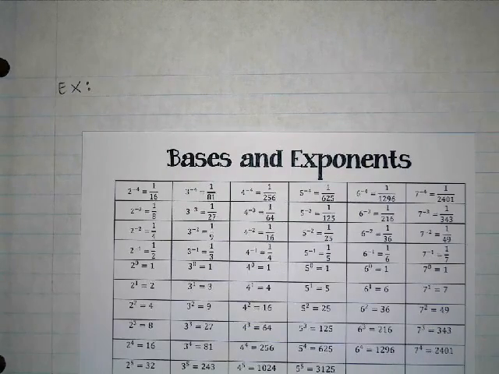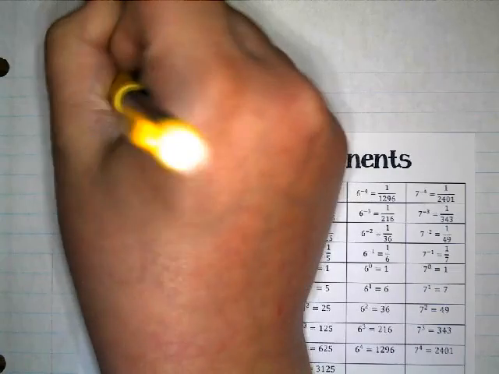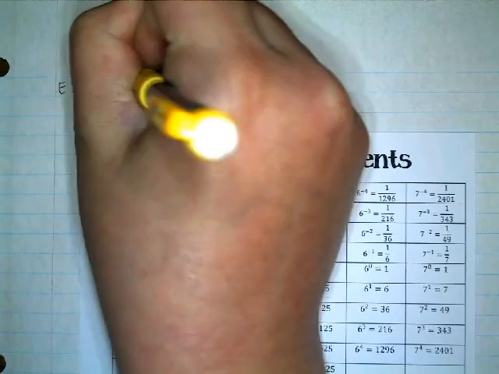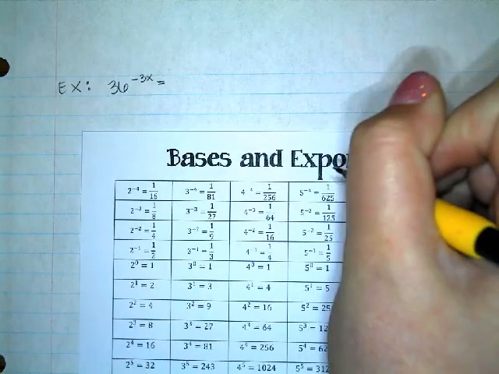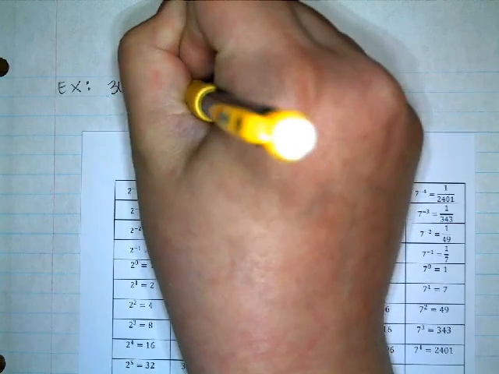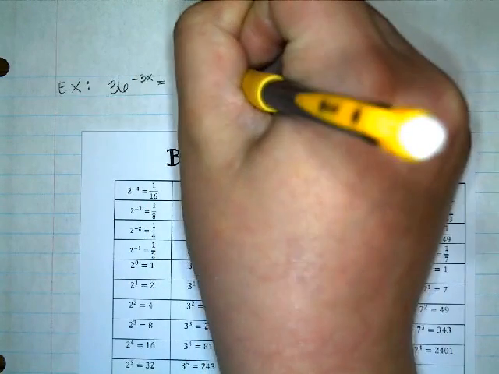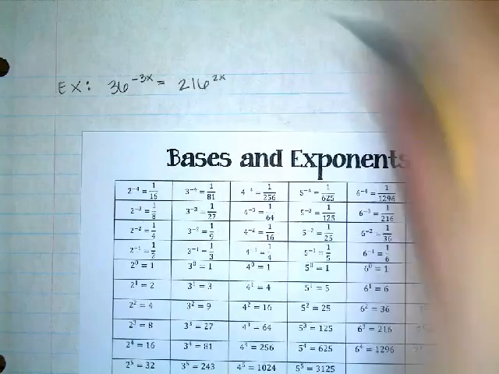We are adding to the notes from last night. So we have 36 to the negative 3x equals 216 to the 2x.